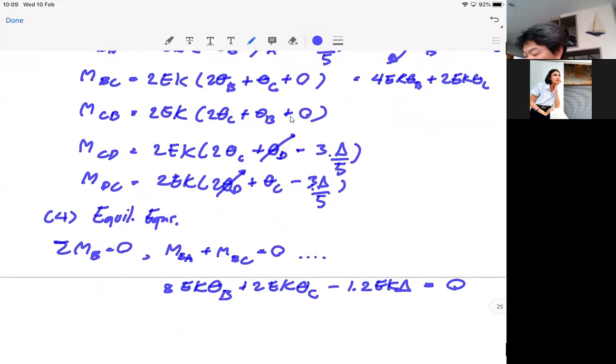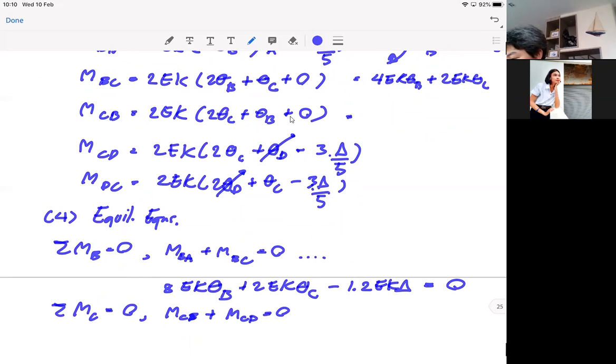Okay, the second one, of course, sigma MC equal to 0, that would be MCB plus MCD equal to 0. Now this one would be quite similar to the one that we have there, but let's do it properly anyway.